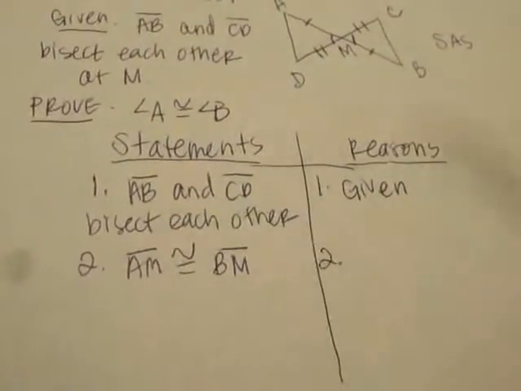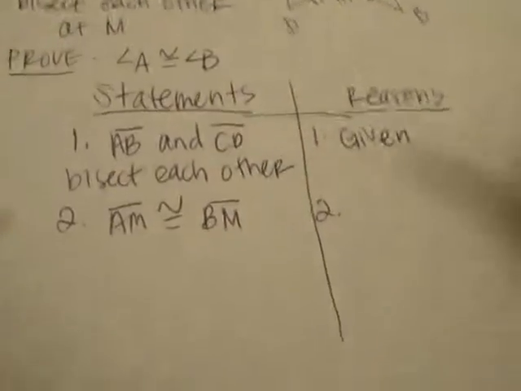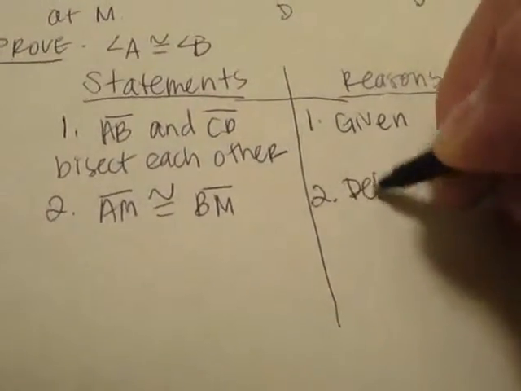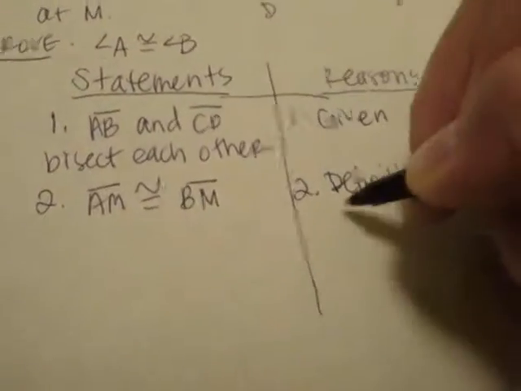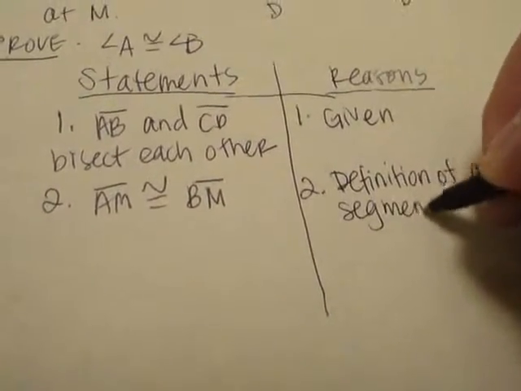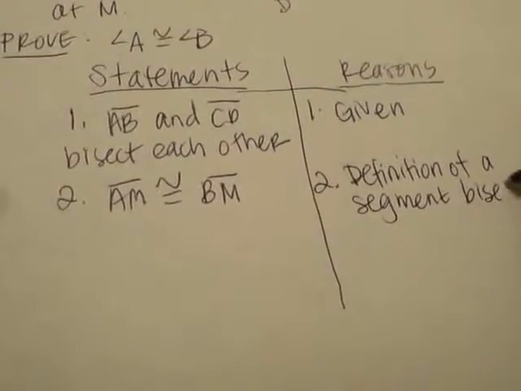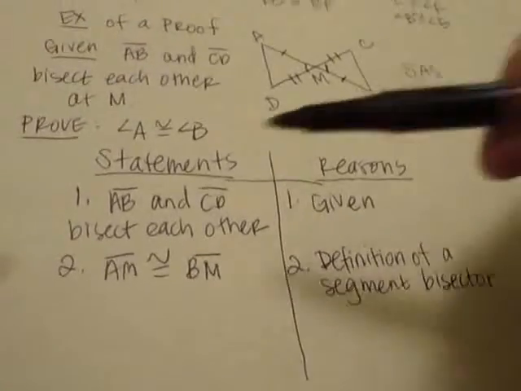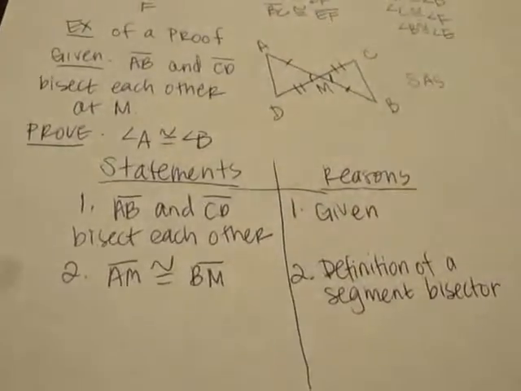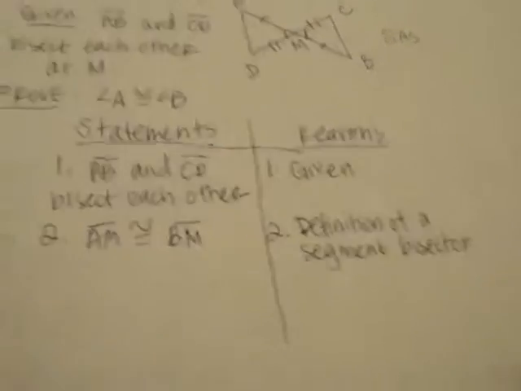CD bisects AB. So the reason why we know this is because it's the definition of a segment bisector. Bisect means that it's splitting it in half, and so that's how we know that they're two equal parts, or they're congruent to each other.